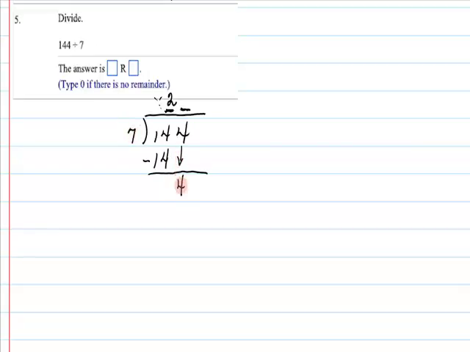Does 7 go into 4? No, it doesn't. So I'll put a 0, and I'll multiply. 0 times 7 is 0. Remember, that is my remainder. The remainder is always, always smaller than the divisor.